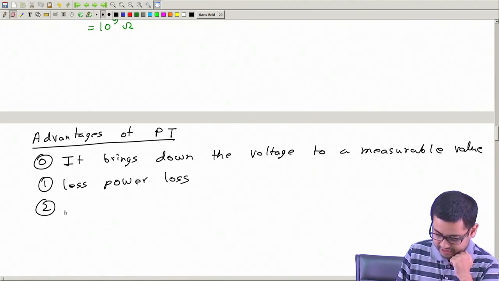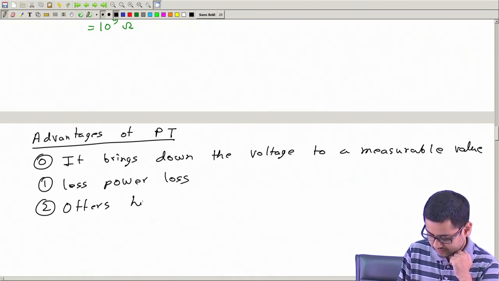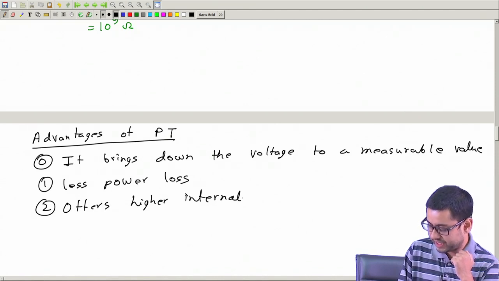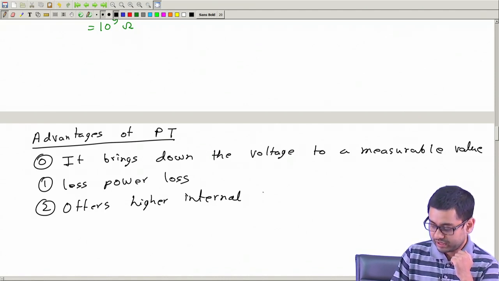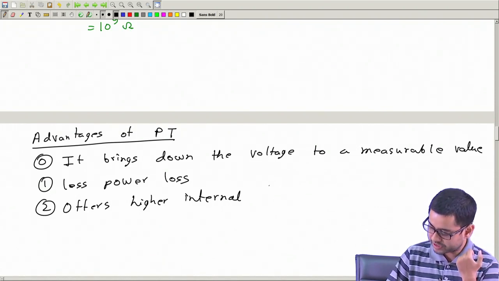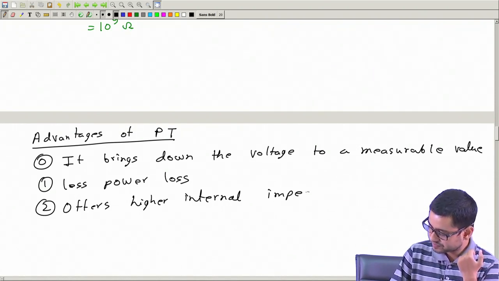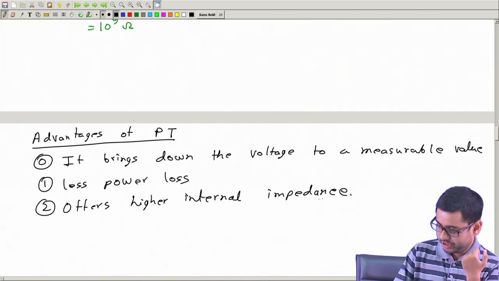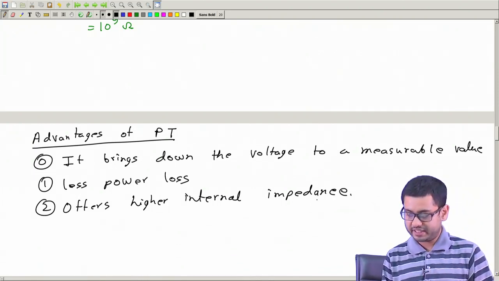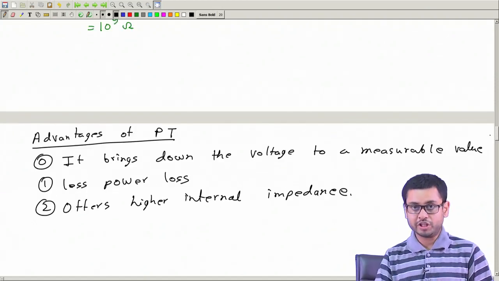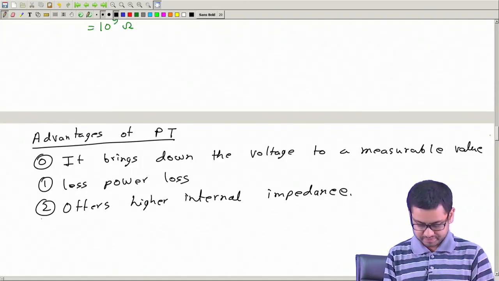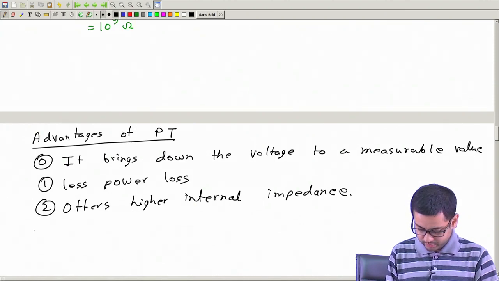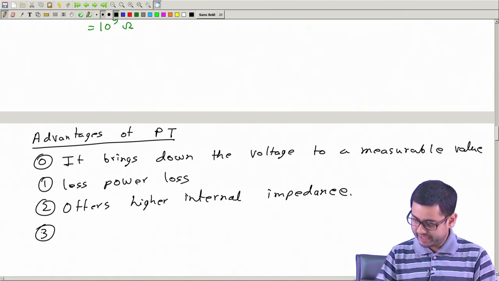It offers higher internal impedance, and we know voltage measuring instruments or voltmeters should have infinite or as large as possible internal impedance. Therefore, less current is drawn from the circuit and the original voltage is not changed much.